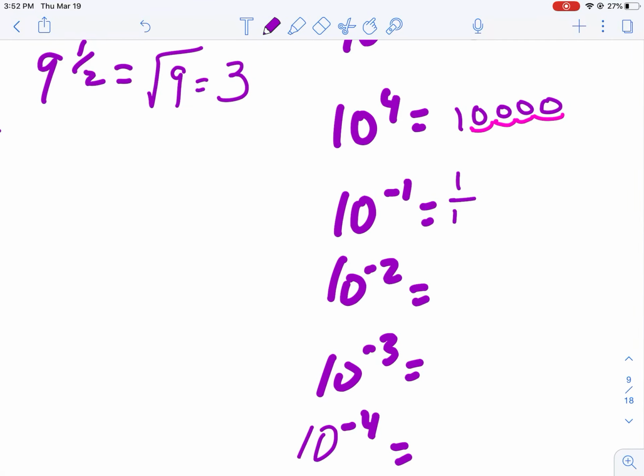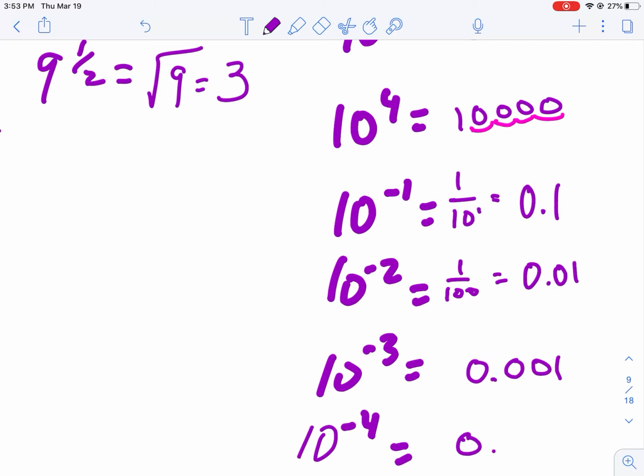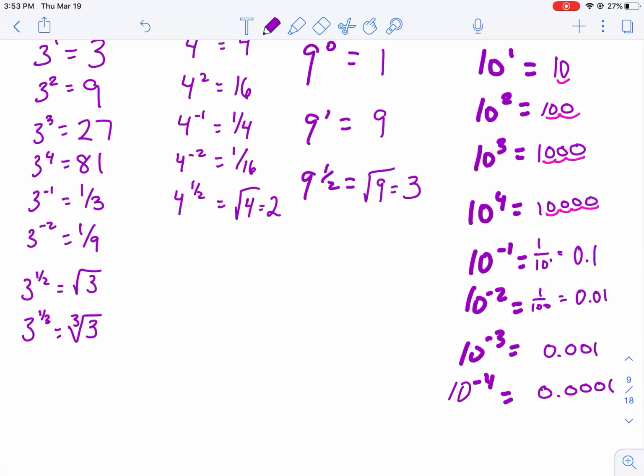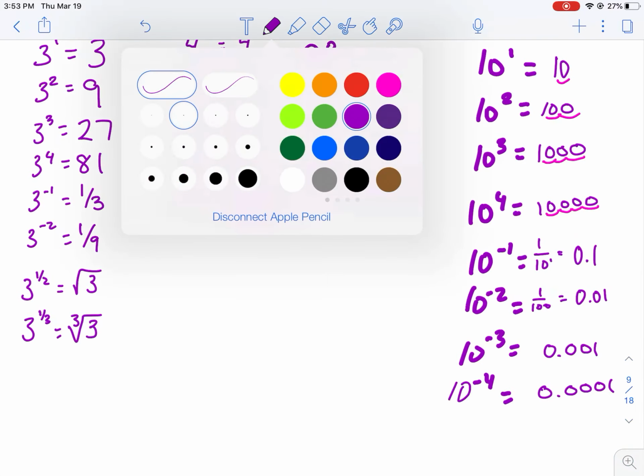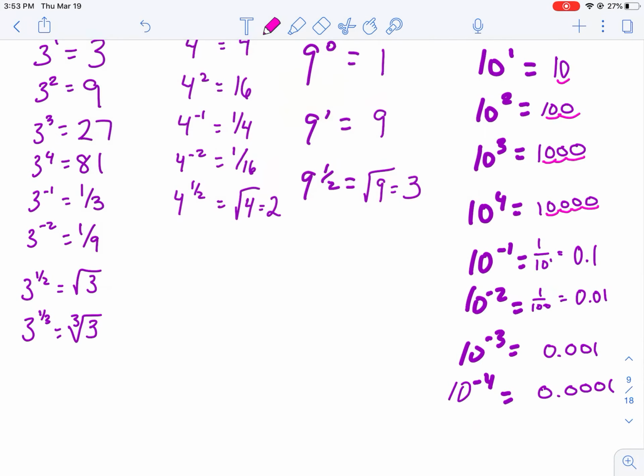Well, again, 1 over 10 to the first power. If you type this in your calculator, you're going to get 1/10 or 0.1. Same thing happens with 10 to the negative second, which is 1/100th, or 0.01, then 0.001, or 0.0001. Notice what happens here. This should be tying into your memories of scientific notation.